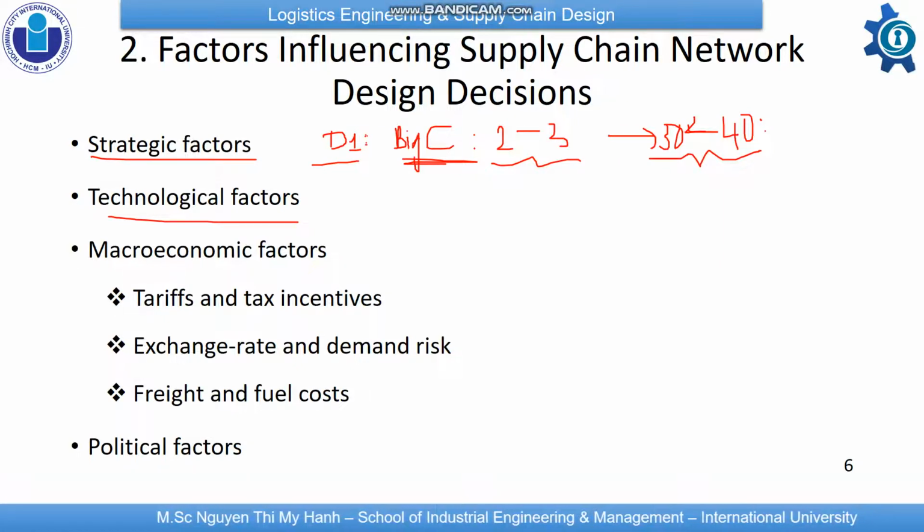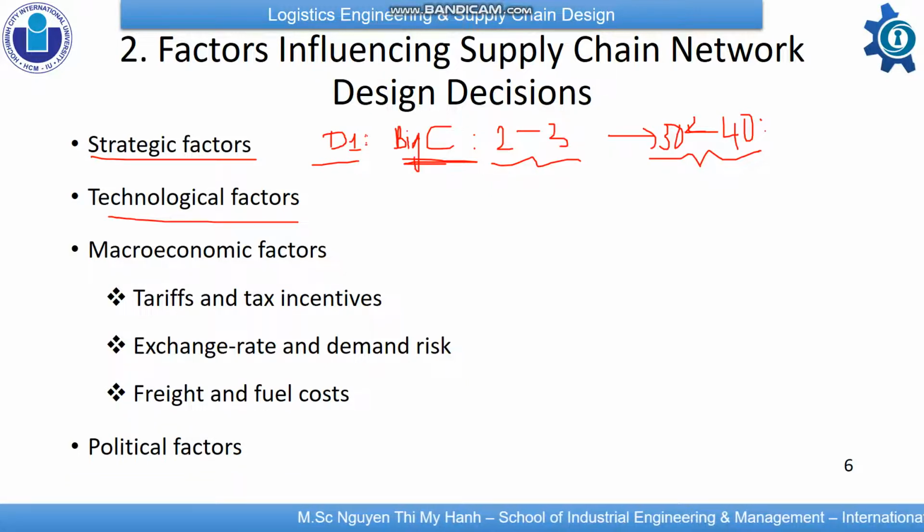For example, when a company manufactures computer chips, it requires a large investment. However, computer chips are very small, so they are not expensive to transport. So in this case, they will build high-capacity facilities, which is suitable for semiconductor companies.